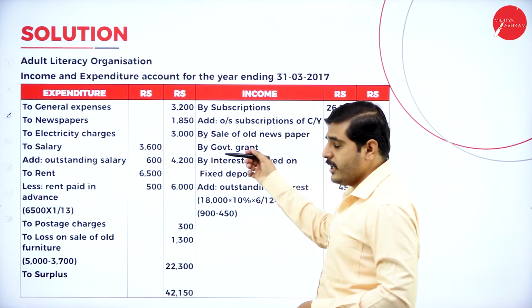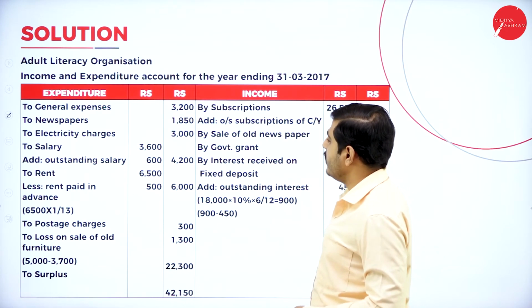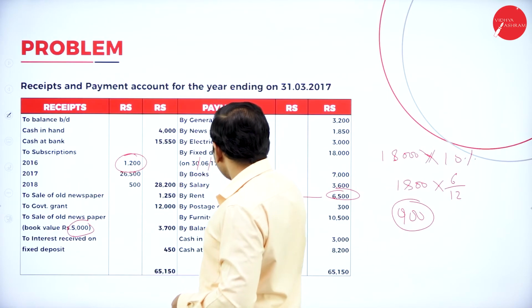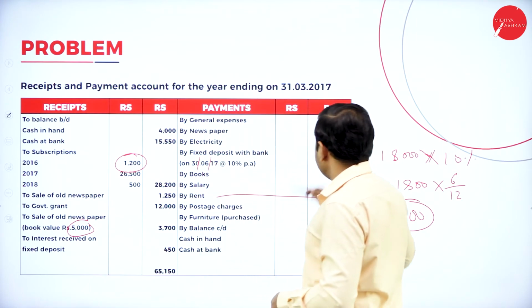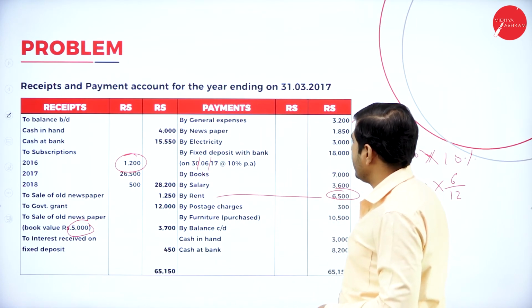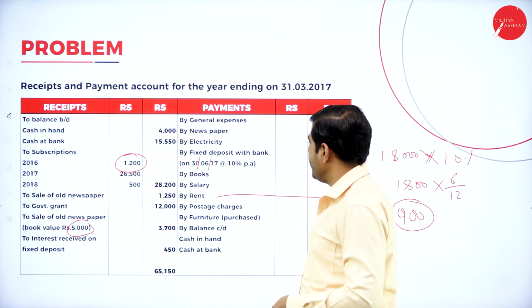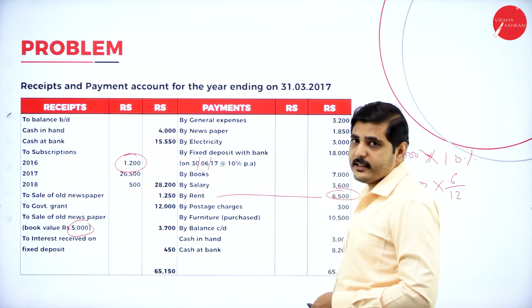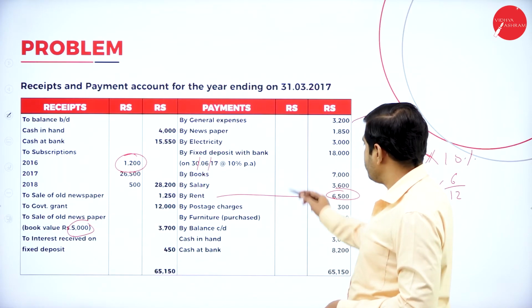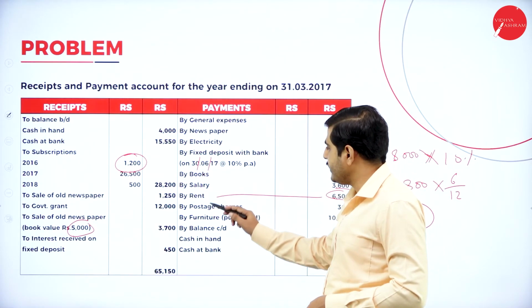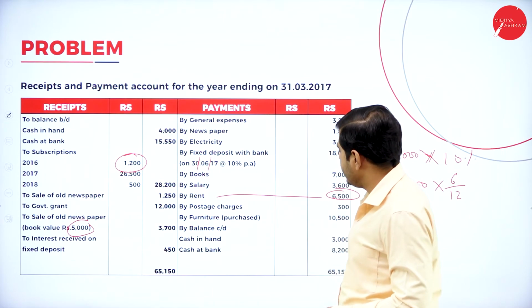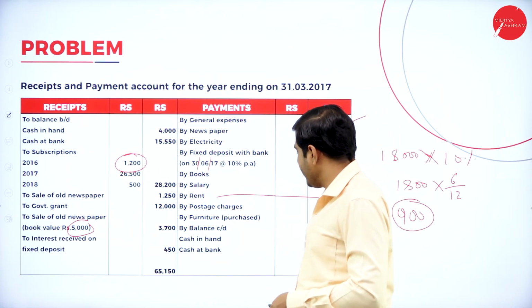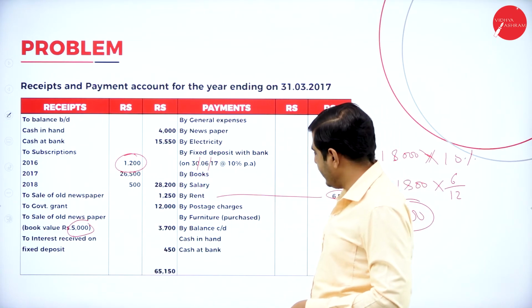Again, let's go to the current year income and expenditure account. First, come to the expenses side. We have to take general expenses, income and expenditure, newspaper expenses, income and expenditure, electricity, income and expenditure. Fixed deposit is an asset, so it should go to the asset side of the balance sheet. Books is an asset, salary, income and expenditure, rent is income and expenditure, postage, income and expenditure, furniture is an asset.